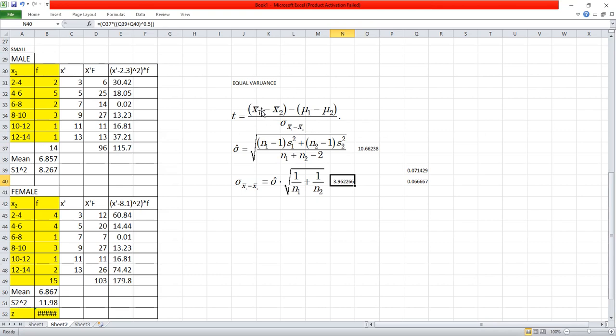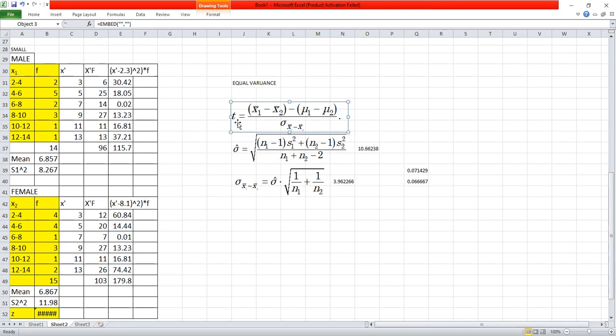Then we have X bar 1 we've gotten is 6.857. X bar 2 is 6.867. Of course, mu1 is equal to mu2 at null hypothesis, so this is 0. Then you use this to calculate your T. That is your test statistic, assuming equality of variances.